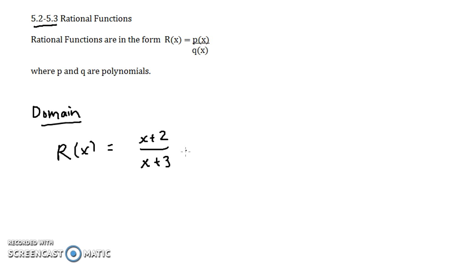And remember, when we're looking at domain, we're looking at the allowed x values. So for a fraction, the only thing that we have to worry about is a 0 in the denominator. So for the domain, we need to know where x plus 3 is equal to 0. And that's what we cannot have in the domain.